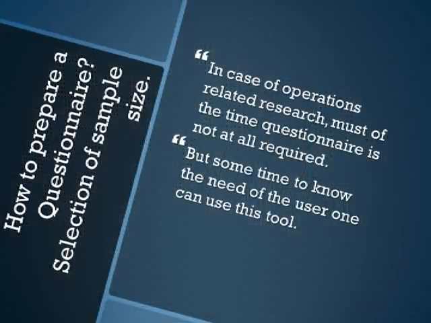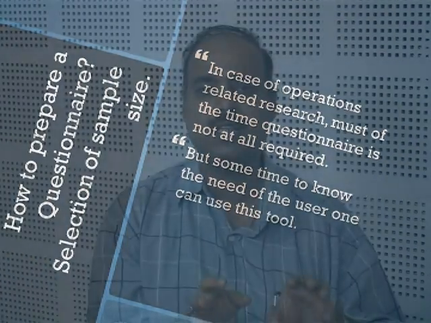Once it is identified, we have to decide the size of the samples and whether a questionnaire is required or not. In operations-related research, most of the time a questionnaire is not required at all. We have to identify the bottleneck, and then go ahead with a literature review.